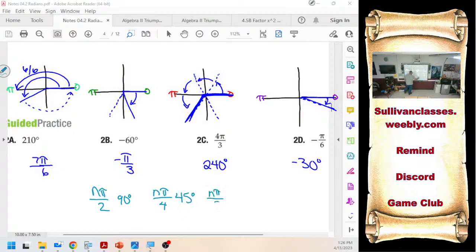N pi out of 3 is what increments? 60s. N pi out of 6 is what degree increments? 30s. If you just count by 30s, 45s, 60s, or 90s, every time you see those denominators, you're good. It's just cutting up that circle like you're cutting up a pizza.